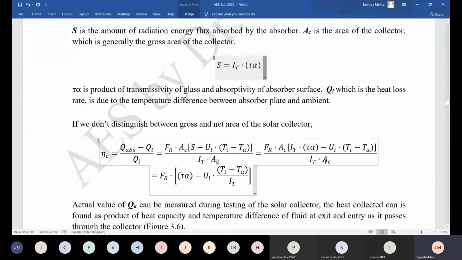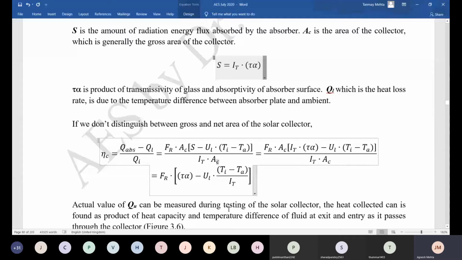So the area of the collector gets cancelled, and what you have outside the bracket is FR, and in the bracket you have tau alpha minus UL. Okay, what you have done is this IT is also taken out and it is cancelled. So here you have IT in the denominator for the second term, UL into TI minus TA upon IT.